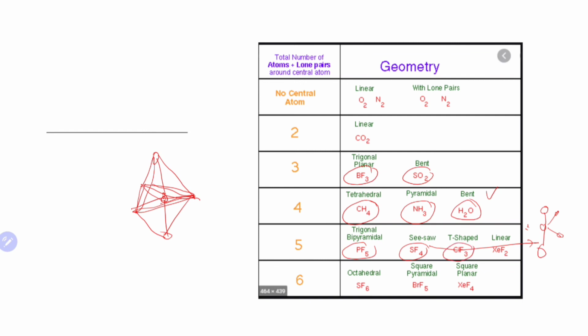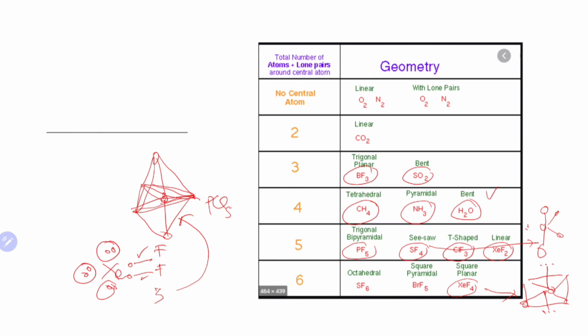The shape of ClF3 is T-shaped, linear XeF2. XeF4 is square planar. Like this. This is empty. This is empty for XeF4. XeF2, Xe with 8, but only 2 will join with F. Then the rest is 3 lone pairs with 2 bond pairs, so totally 5, the same as PCl5.